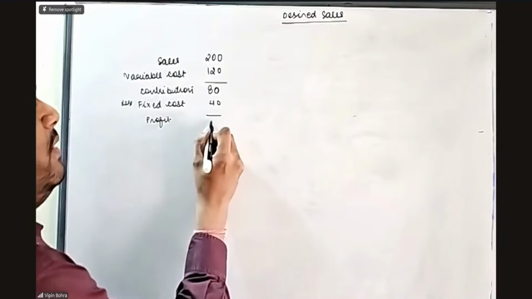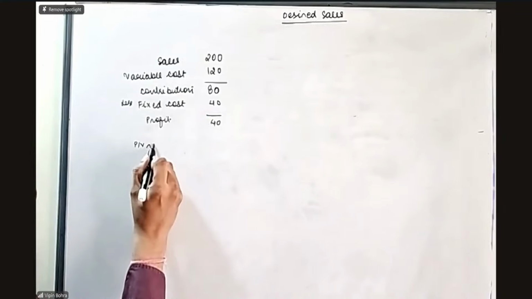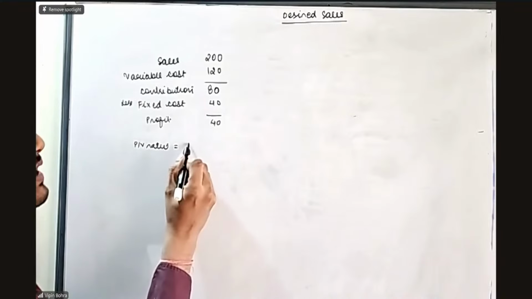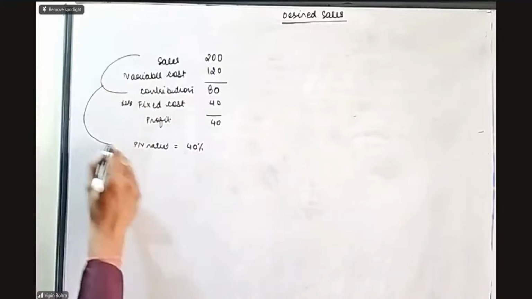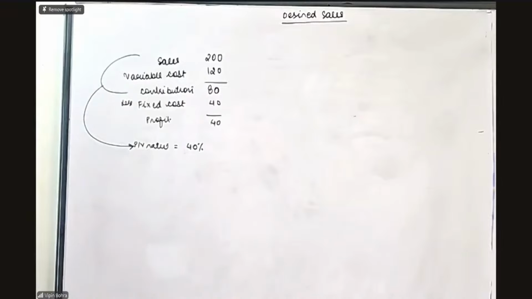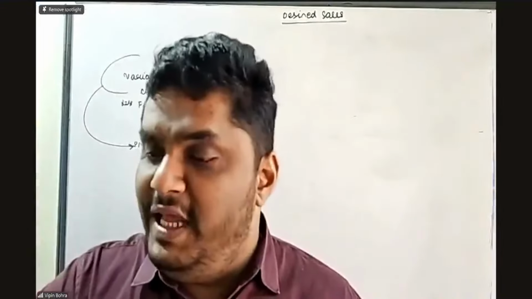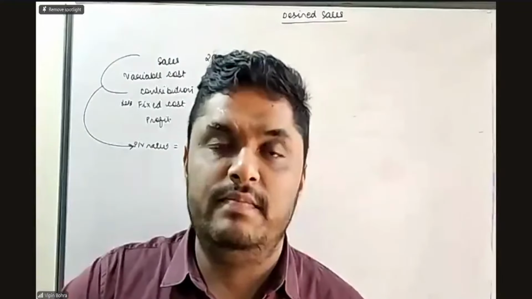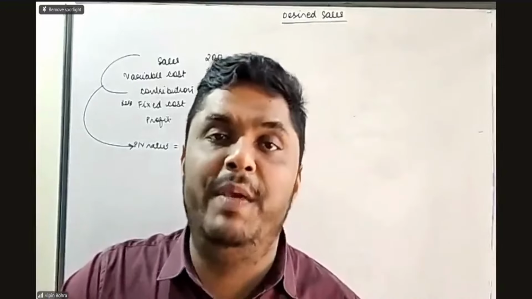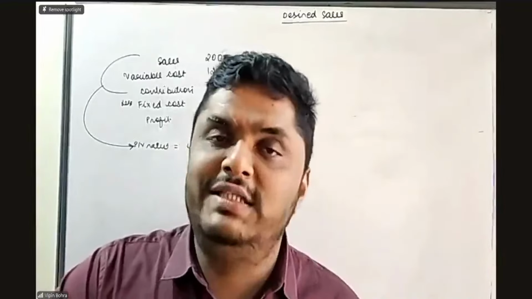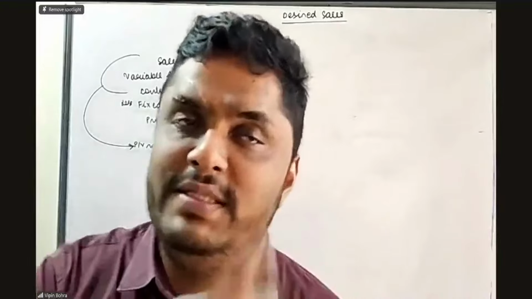Therefore, my profit will be 40. The relationship between contribution and sales, we call it PV ratio, that is 40%. Now, we discussed break-even sales, wherein I was expecting a profit of 0 rupees. So at 0 profit, the sales we are making is what we call break-even sales.